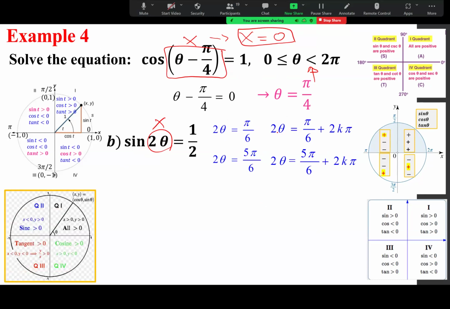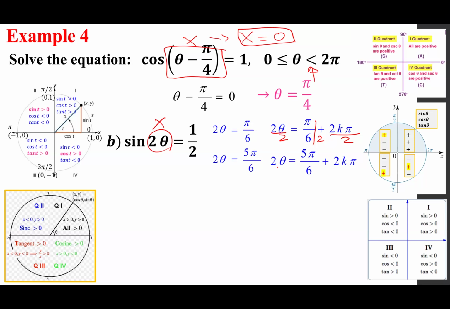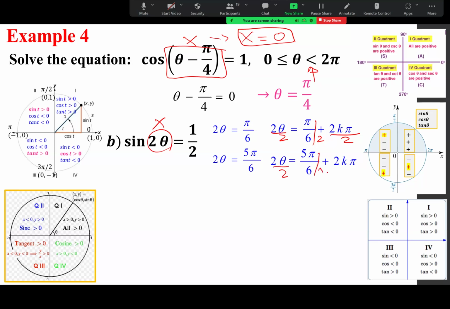So this one becomes theta equals pi over 12. Remember, when you divide a fraction by a number, you multiply the denominator by it. Plus k pi. And the second one, theta, is 5 pi over 12 plus k pi.